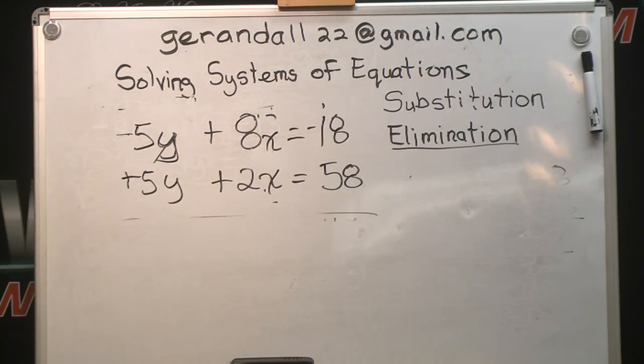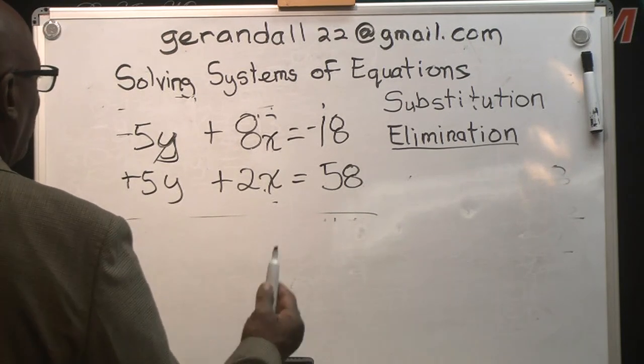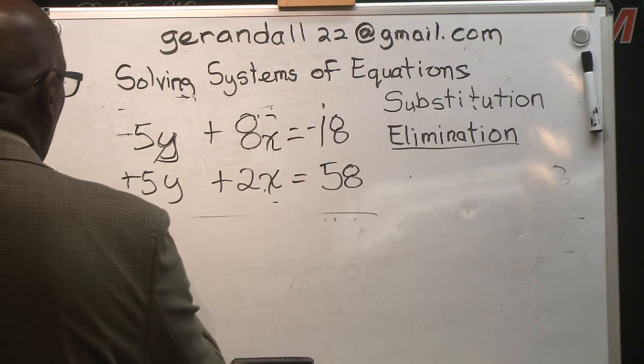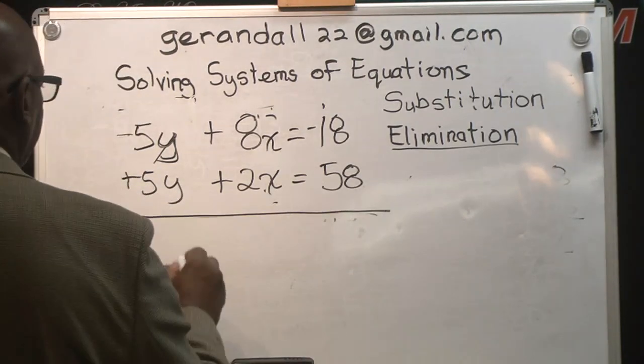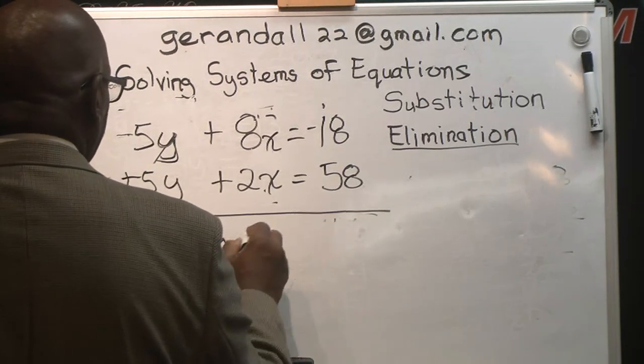And we're going to solve it via substitution. And we make a decision. Without going through the whole process, the first thing is we take the top equation, or we could take the bottom equation. It doesn't make any difference.